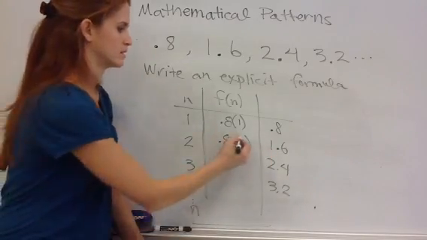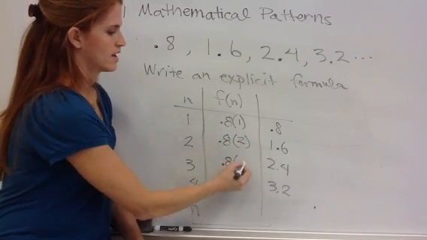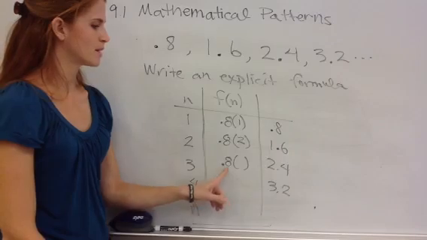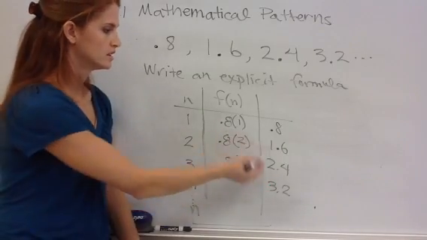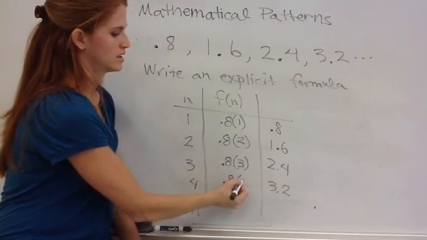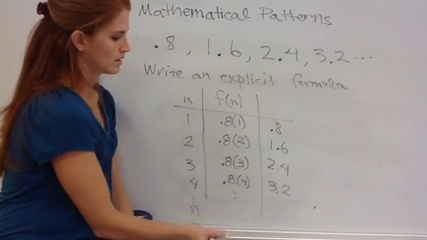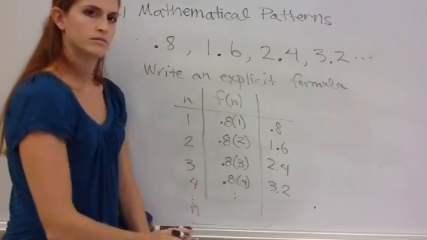Well, twice. How many times to get 2.4? Well, 3 times. And again, this one is 4 times. So if we go down, notice what number stays the same. We have 0.8 in every term.